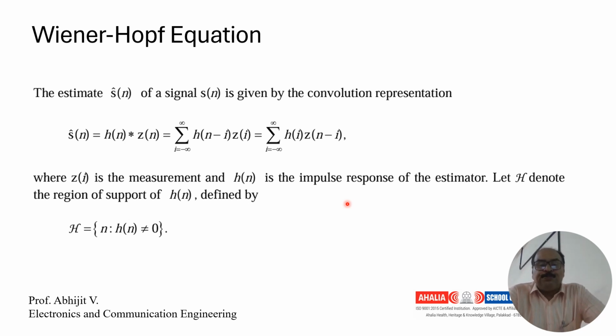Hn is the impulse response of the estimator. If H denotes the region of support for Hn, then H is defined by those n where Hn is not equal to 0.